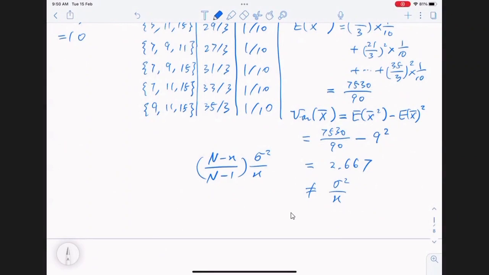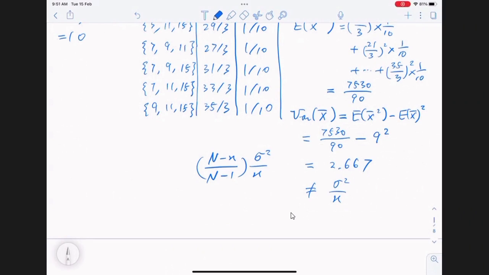But in this example, we are drawing without replacement. Drawing without replacement will be slightly different, especially when the population size is not large. In that case, the mathematical fact will be changed a little bit. The formula for the variance of the sample mean will become this, with a so-called finite population correction factor, where capital N is the population size and small n is the sample size.